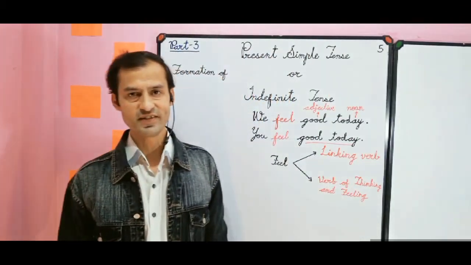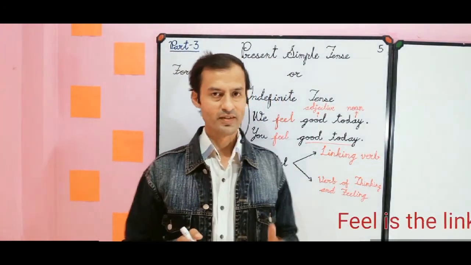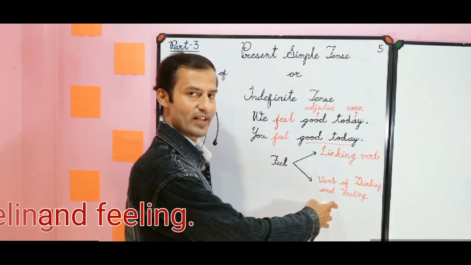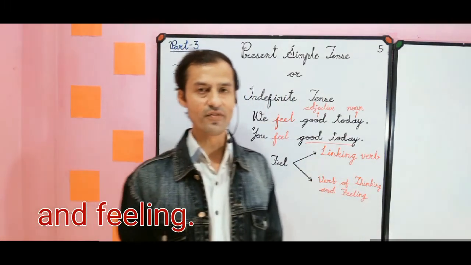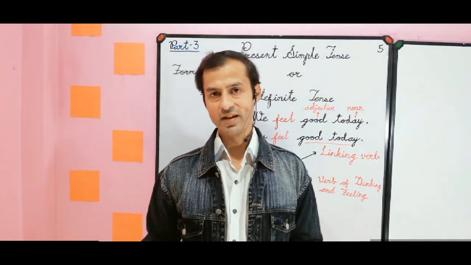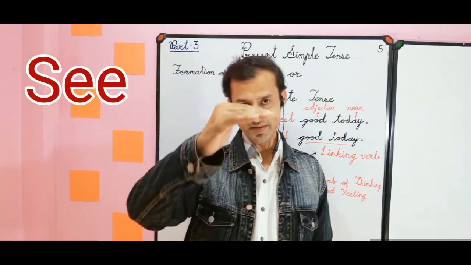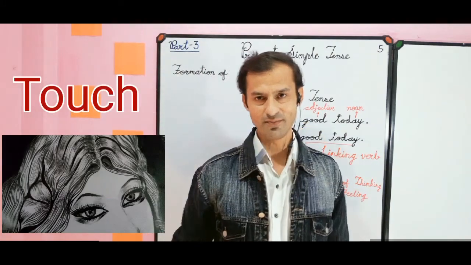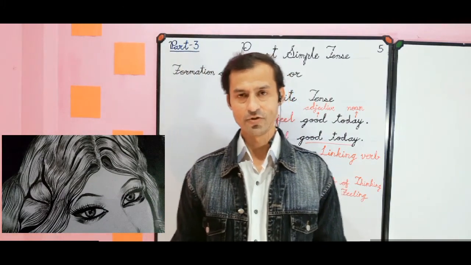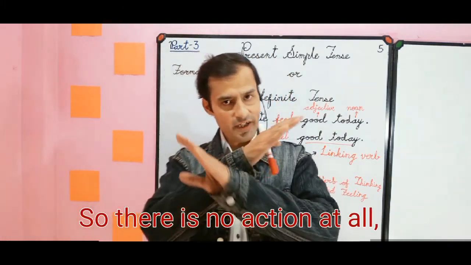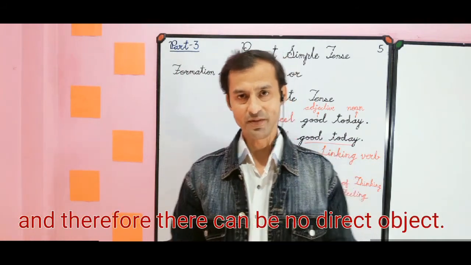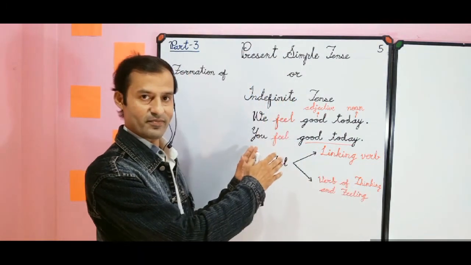So in this sentence, feel is the linking verb or verb of thinking and feeling. And a linking verb expresses a state of being, as when you see, touch, smell, or experience, etc. So there is no action at all, and therefore there can be no direct object, particularly in this sentence.